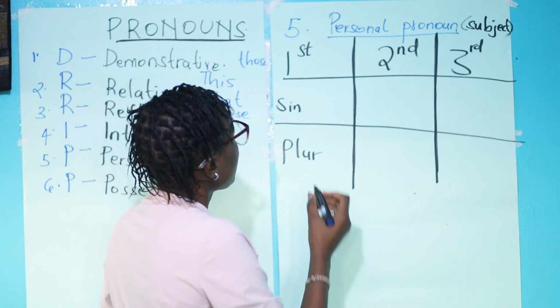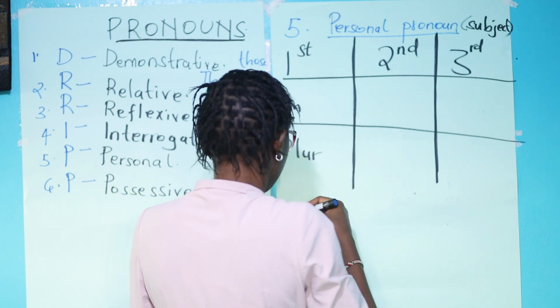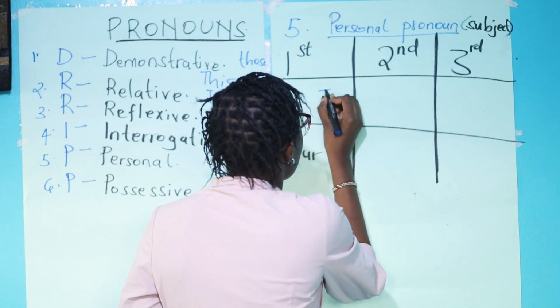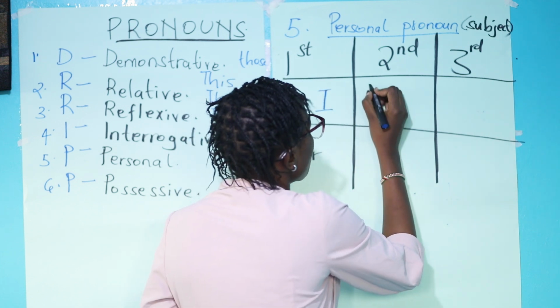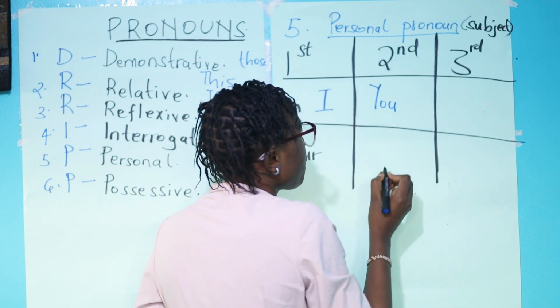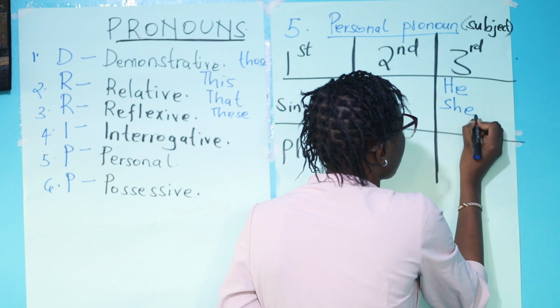The subject under personal pronoun is the person talking in the sentence. And now we'll say person singular. The first person here is I. Second person is you. And third person we have he, she, and it.